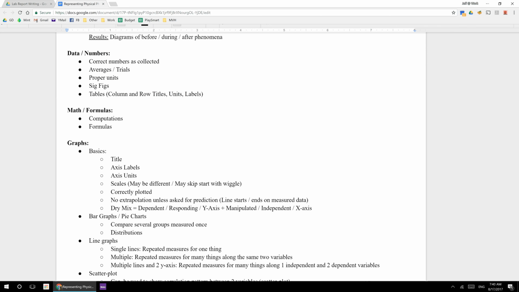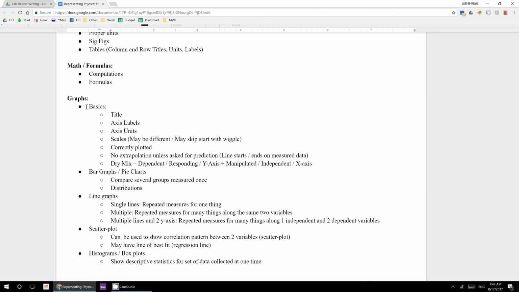All of that should be organized in tables with titled columns and rows, units listed at least in the titles of the rows or columns, and labels for all the numbers so that we can know what they mean. You should also include the math or formulas that you've used to compute results. Calculations and formulas are definitely important for any science class that you're doing.